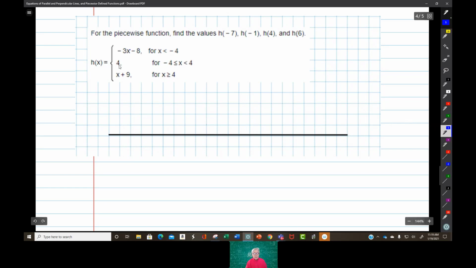Okay, here we have 3 parts, but let's put it in words. See how that goes to the left? For all the x's to the left of -4, use h of x equals -3x minus 8.